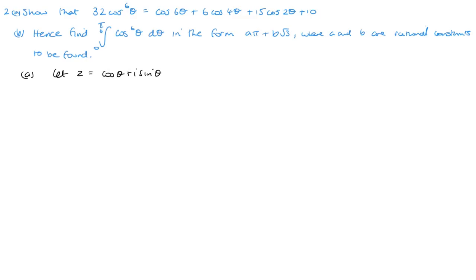Then z plus 1 over z to the power 6 is going to be 2 cos theta to the power 6, which is 2 to the power 6, which is 64 cos to the 6 theta.